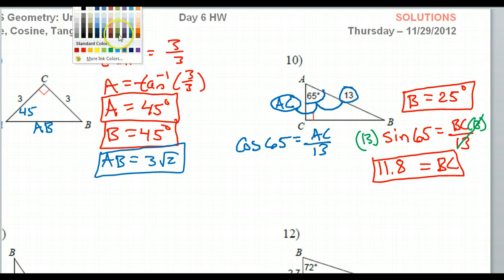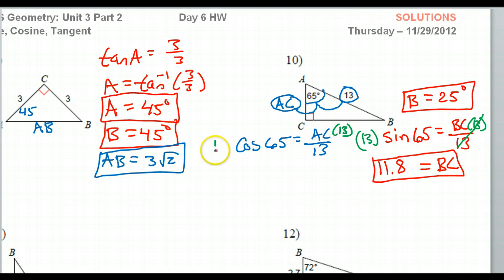Multiplying by 13 once again. That way these 13s will cancel each other out. And we're going to find that AC equals, and we'll just put 13 cosine 65 in the calculator. And that is 5.5.